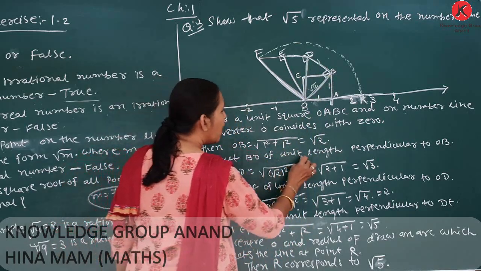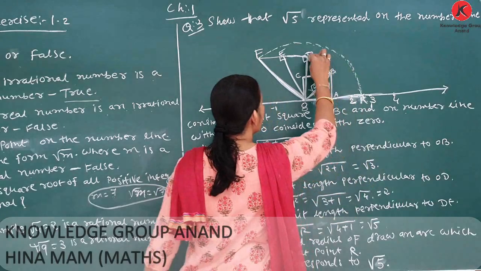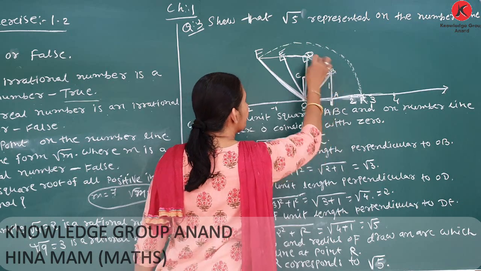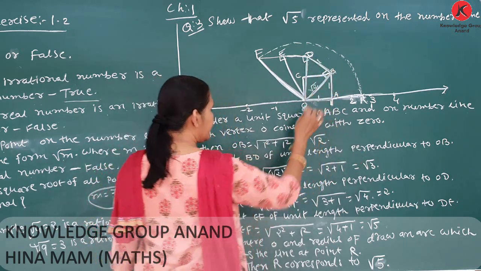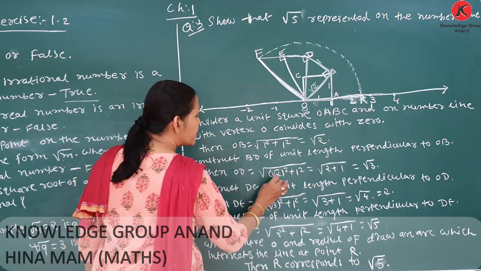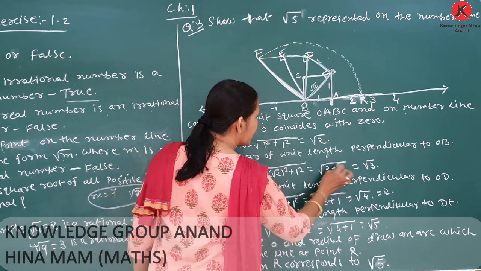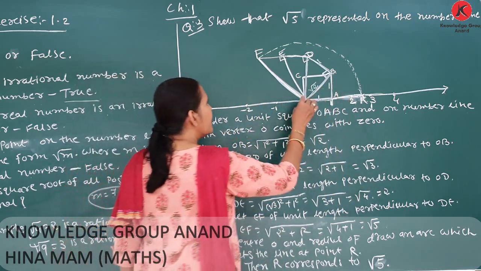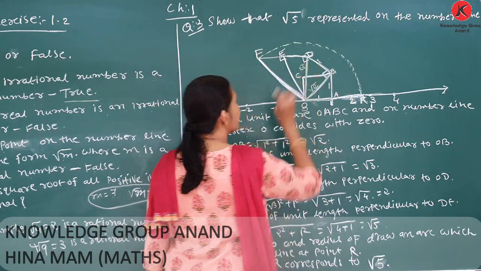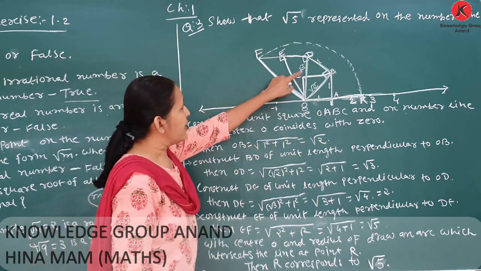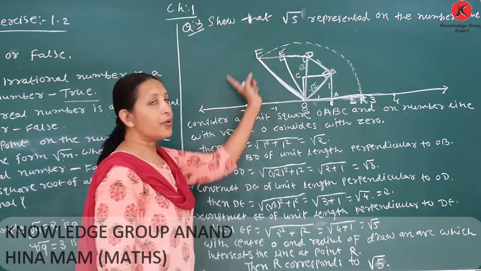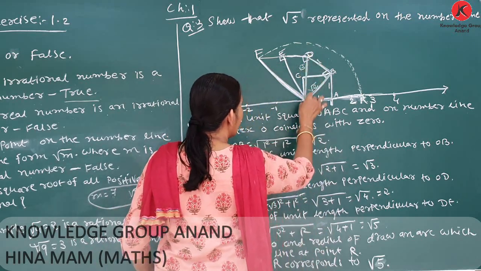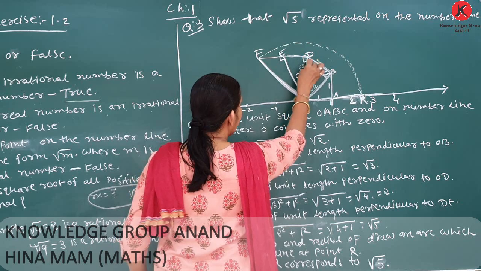BD is of unit length, perpendicular to OB. Then OD is equal to under root of root 2 square plus 1 square, which is under root 2 plus 1, equal to root 3. Here the length of OD is root 3. Now again, we find root 2, root 3, root 4 and root 5. Draw a perpendicular to OD with 1 unit.